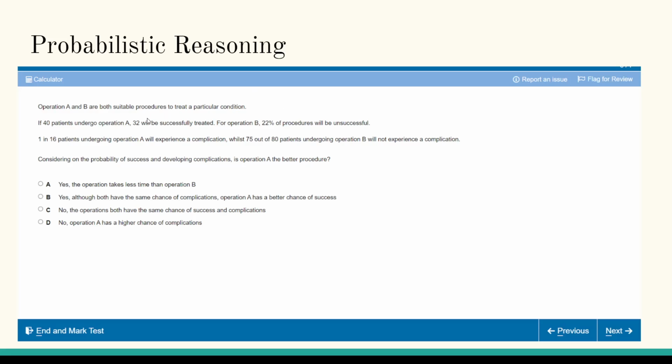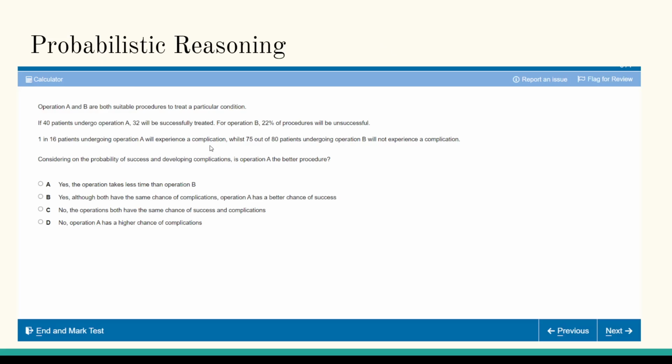Okay, so operation A and B are both suitable procedures. You must have already read the question now. Considering the probability of success and developing complications, is operation A the better procedure?